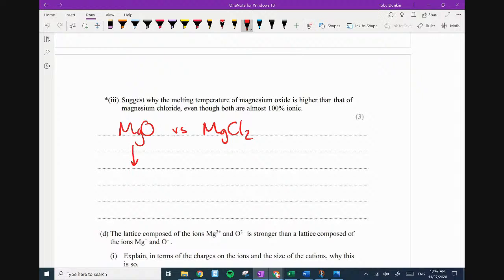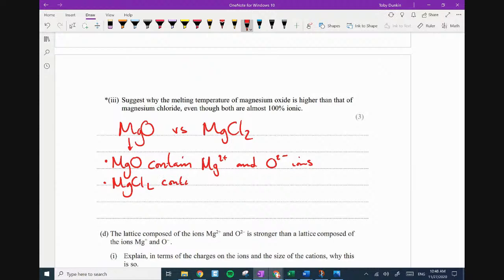So bullet point number 1: MgO contains Mg2+ and O2- ions. Next bullet point: MgCl2 contains Mg2+ and Cl- ions. Right, 1 mark, 1 mark.